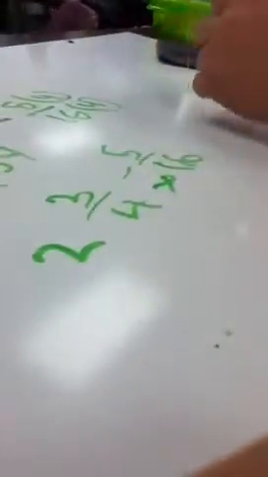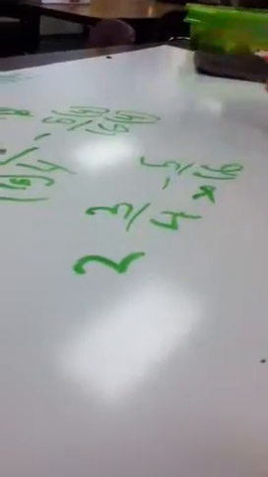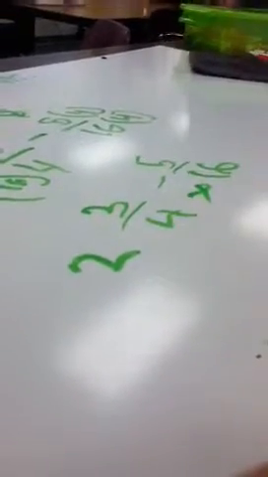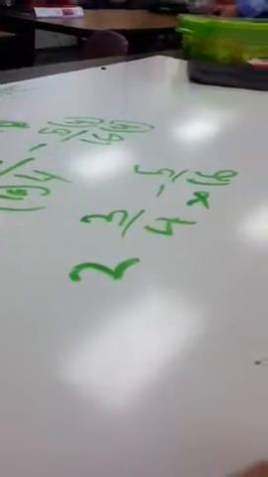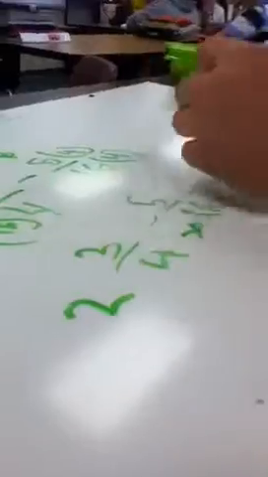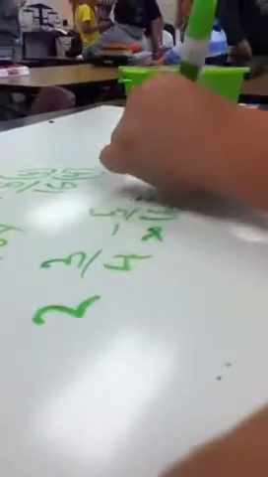So it's 3 over 4 minus 5 over 16. Multiply these two. And so it will be 64. So 64 is your new denominator.